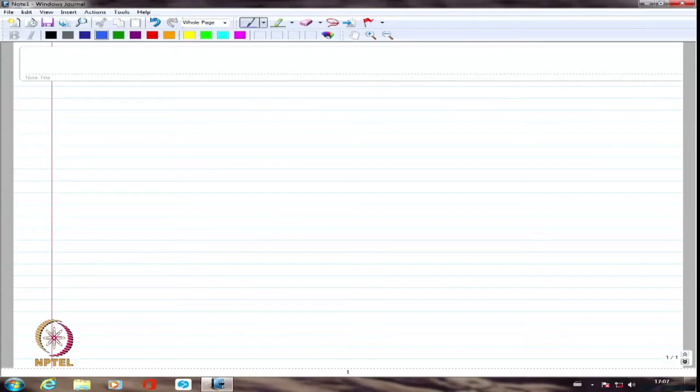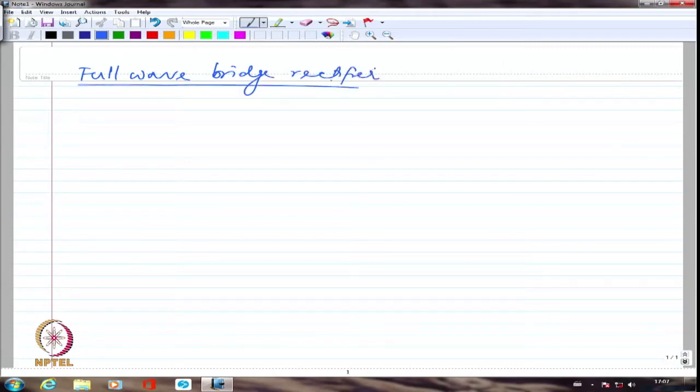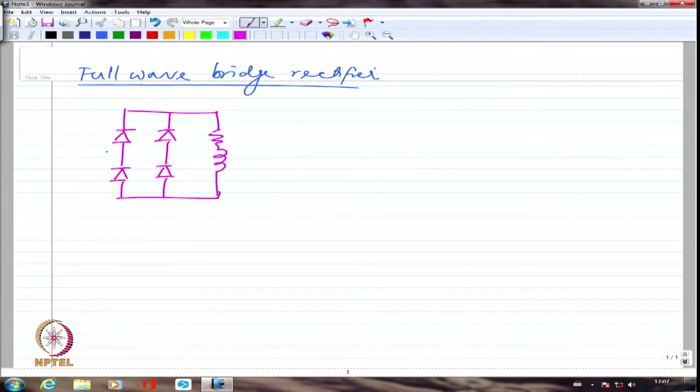So we had started on that in the last class. Full wave bridge rectifier. We mentioned that this circuit will consist of 4 diodes and whatever load it is, RL load or R load, and this is going to be connected to the AC source, right?